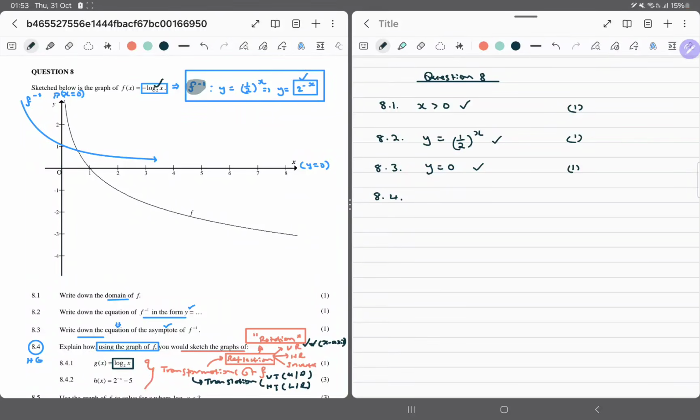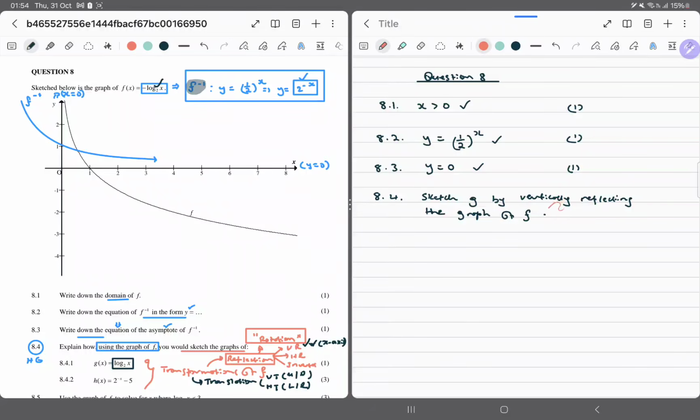So we can say we would sketch g by vertically reflecting the graph of f.